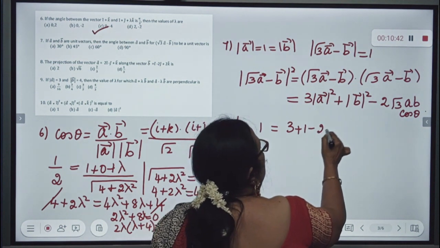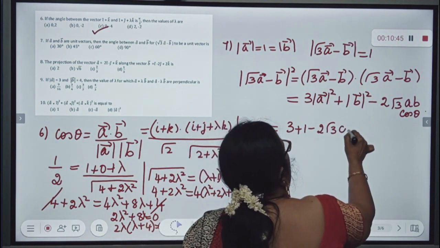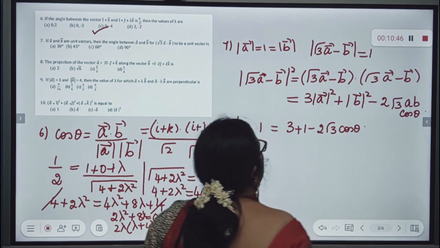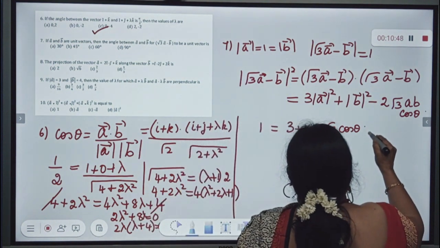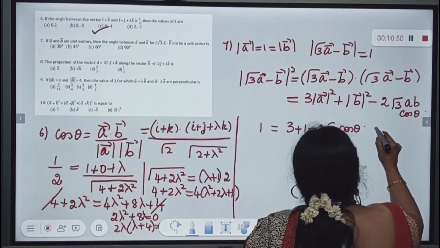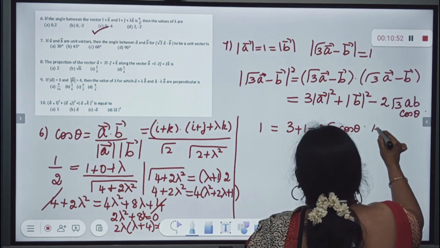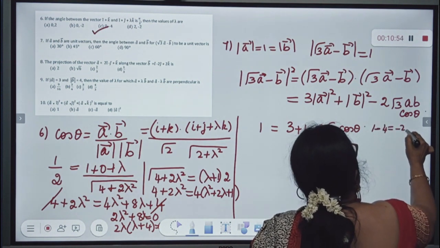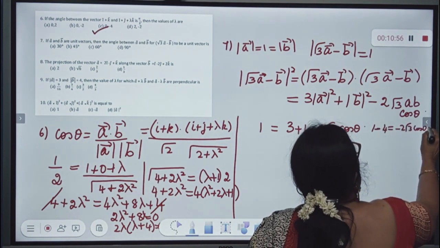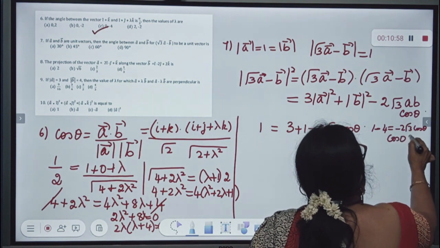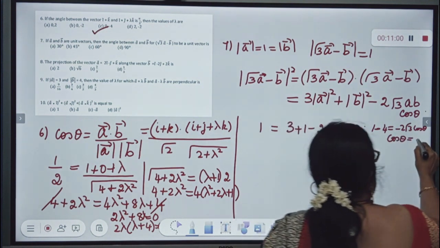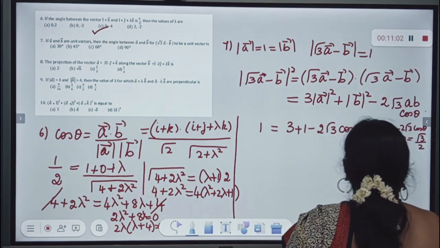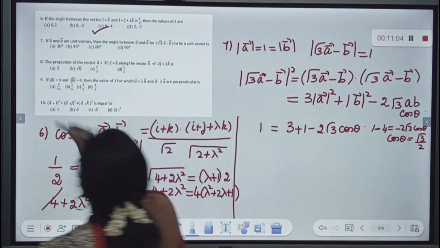So minus 2 root 3 times cos theta. So you get 1 minus 4 equal to minus 2 root 3 cos theta, or cos theta equal to root 3 by 2. So which means theta equal to 30 degrees.